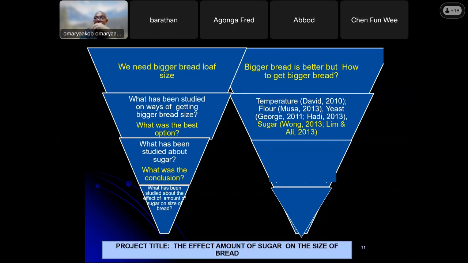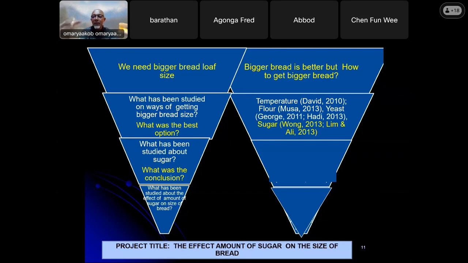So you see, that big mundane issue, which is we want to get bread bigger, various ways people have studied. Some say what are the factors affecting? Some say temperature, some say flour, some say yeast, some say sugar.